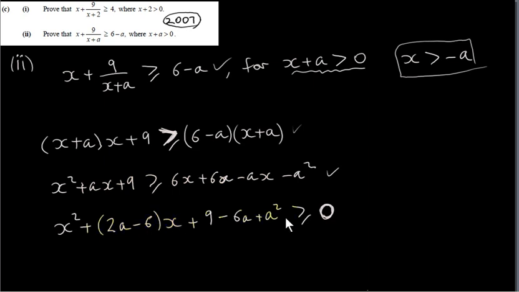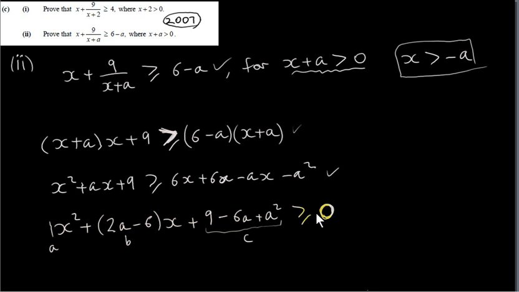See, we want to prove that this inequality is true for all values of x that are greater than minus a. So we want this to be a quadratic inequality in x. So we have our x squared term, we have our x term. Now the constant term is going to not involve x. So all terms that do not contain x. So that's plus 9, bring over the plus 6a and bring over the minus a squared. So this is the constant term in our quadratic inequality. This here is b, the coefficient of x, and a is 1.